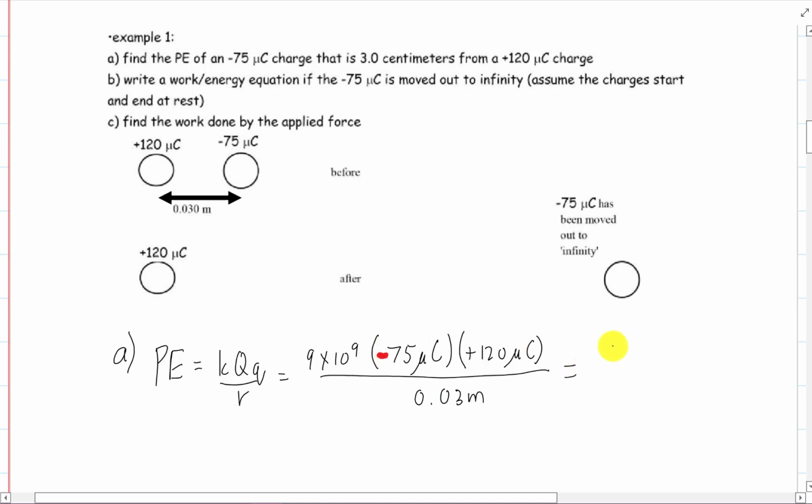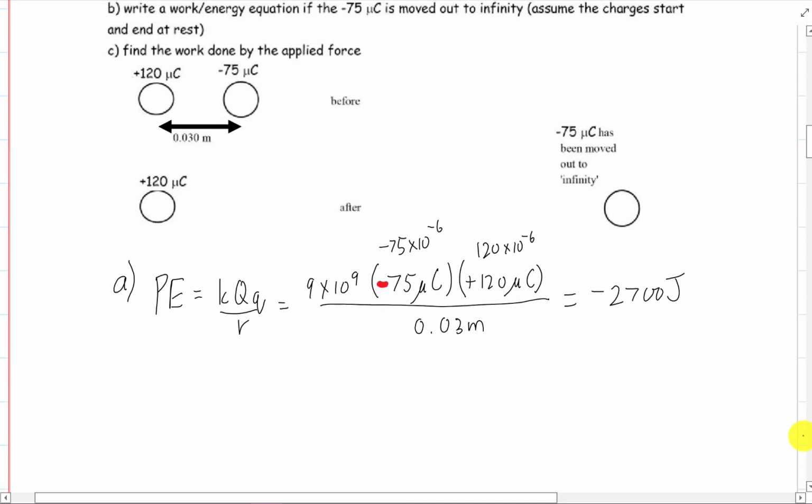When we plug that all in, remember this is 120 times 10 to the negative 6, and this is negative 75 times 10 to the negative 6. Mr. Calculator will say negative 2,700 joules.